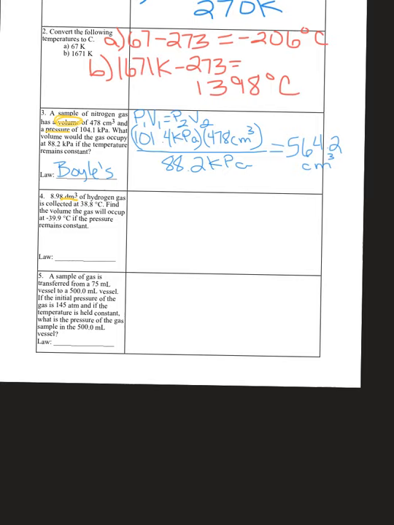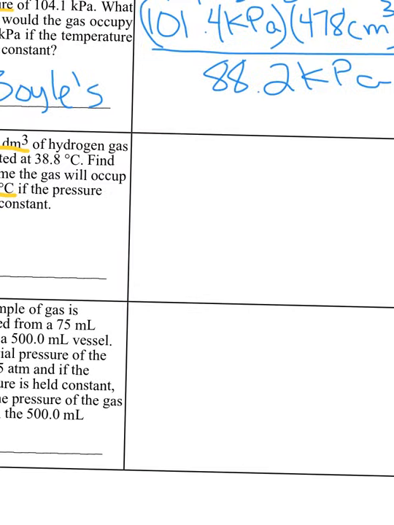Decameters cubed, and we have a temperature. You don't have to know what a decameter is. You should be able to recognize that if you see cubed, that means volume. So we're dealing with volume and temperature.